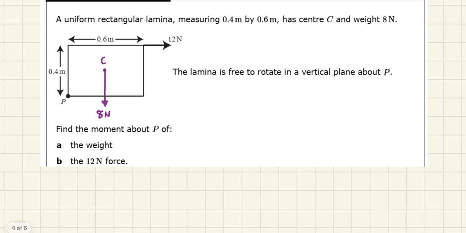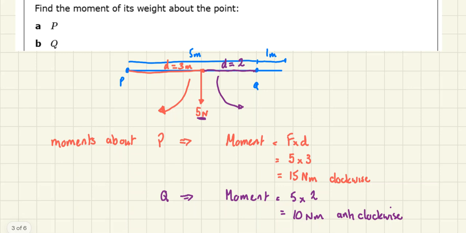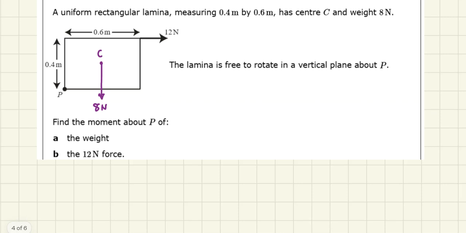Well, we've got two moments happening, the weight and a 12 Newton force. Why? We only had one moment about each point here. We just had the moment about P is just one of them, and then about Q is the other one. Why do we have two moments about point P?